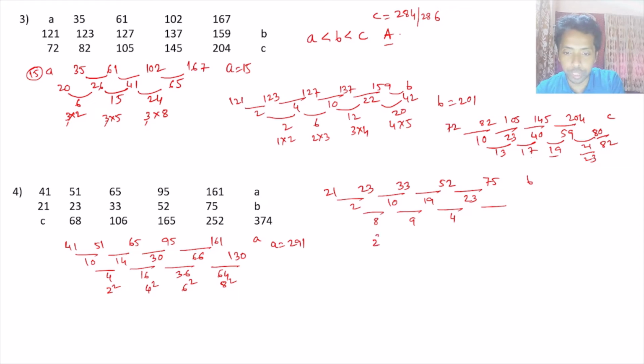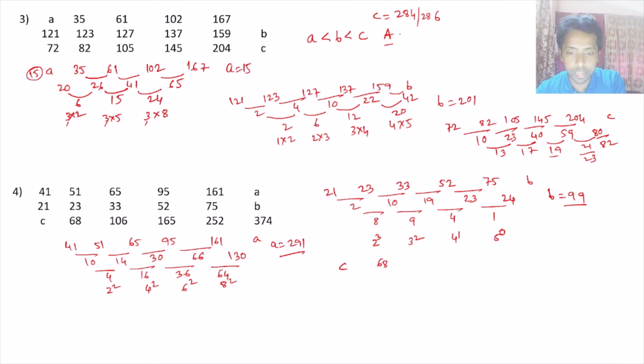This is 2 cube, this is 3 square, this is 4 to the power 1. Now can you find out the logic here? Base number is increased by 1, that means here it's 5, and the power is decreased by 1, that means 3, 2, 1 and then 0. That 0 power means this is 1, the difference. So difference 1 added to 23, that is 24 here. 24 is the difference between 75 and B, that means the value of B is 99, right?